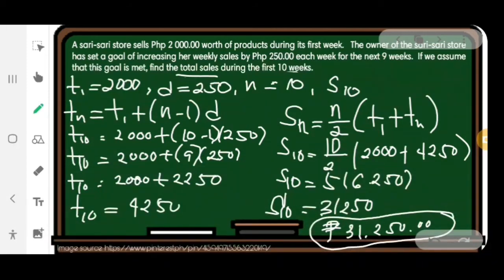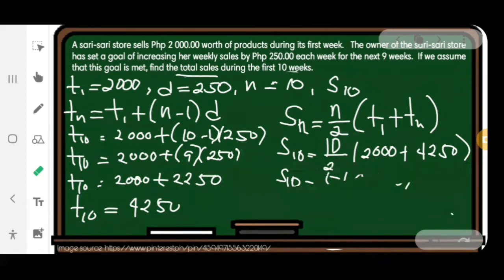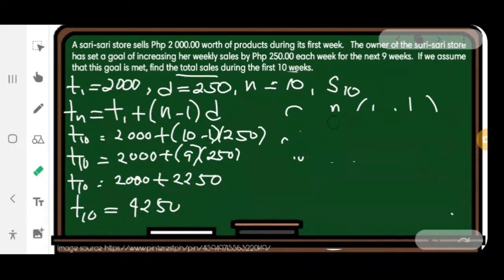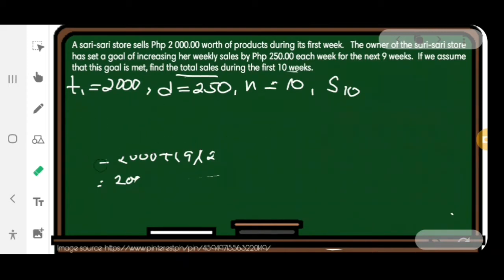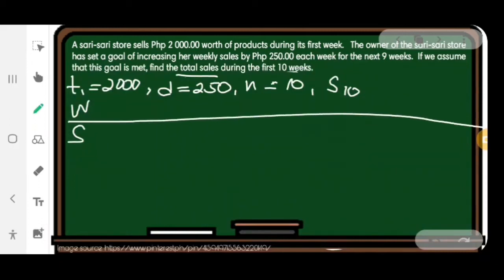Okay, what if we are having a hard time using the formula? We can solve this problem using a table. So let us solve the problem using a table. So we have here week and then sales.